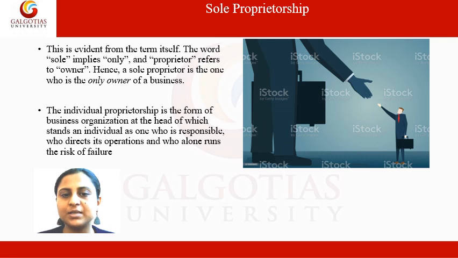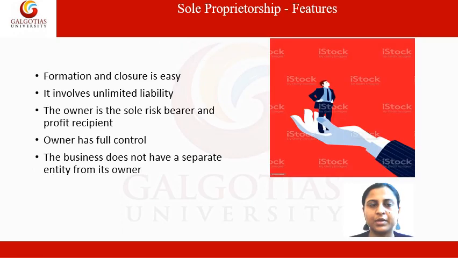This form of business is particularly common in areas of personalized services such as beauty parlors, hair salons, and small scale activities like running a retail shop in a locality. It is very easy to start and close a sole proprietorship as hardly any legal formalities are required.